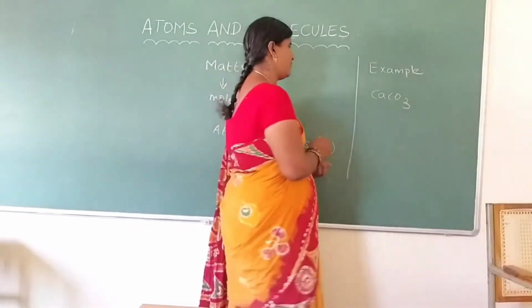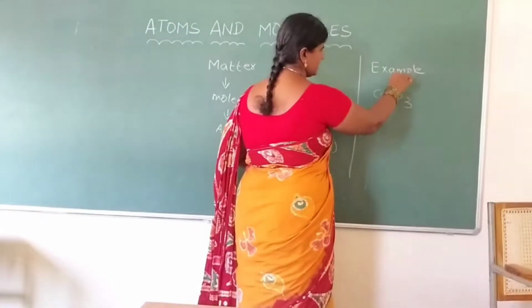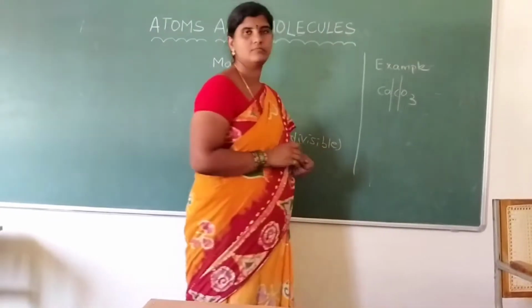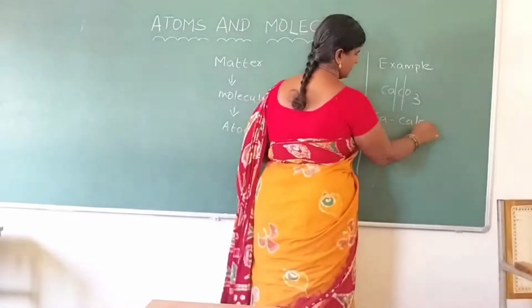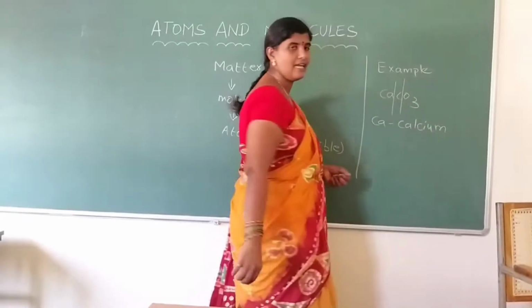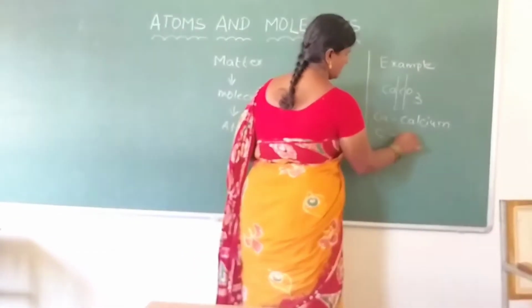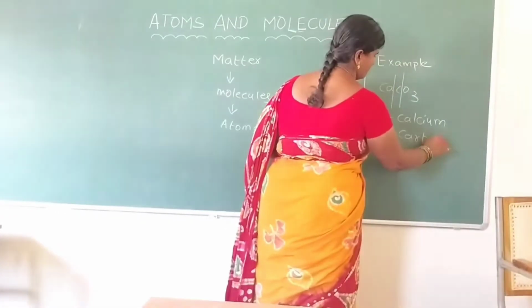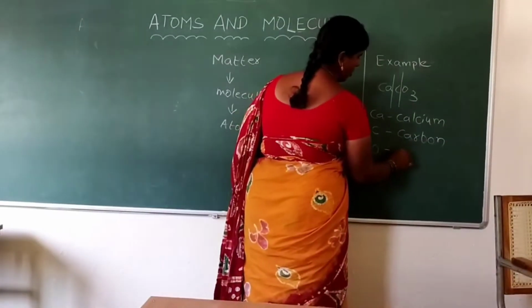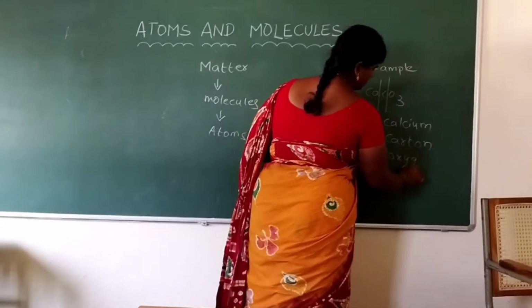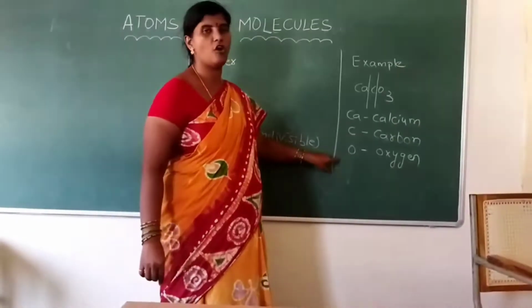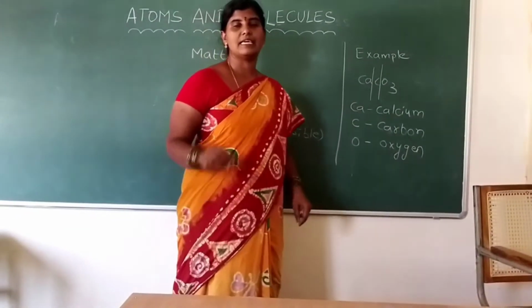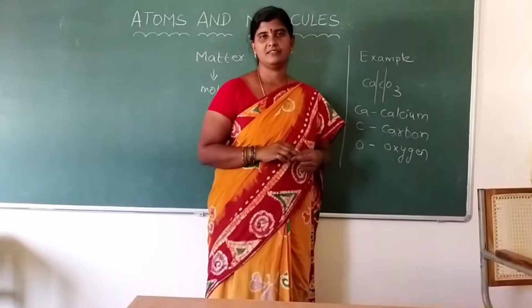What are the three different elements? Ca is calcium, C is carbon, and O is oxygen. So, the three types of particles combined to form a matter, calcium carbonate.